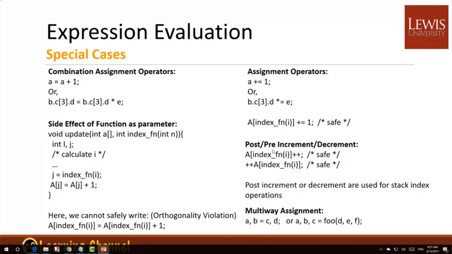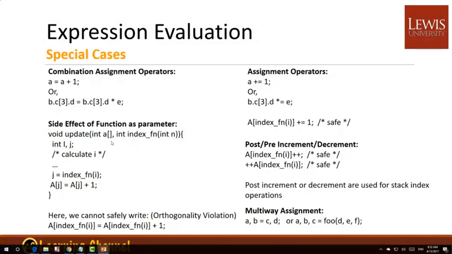And with post and pre-increment or decrement, you get the index value, and then you have the post increment and/or pre-increment. These are both okay. So as long as your value is put in where it is accepted, the orthogonality may have some side effect, but sometimes it is actually safe. So this multi-way assignment is the same thing, it will be safe.